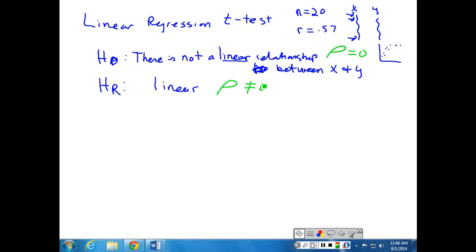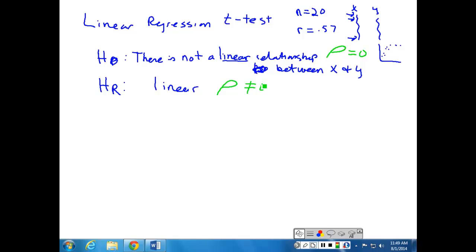H0 is there's no linear relationship. HA is there is a linear relationship. And in this class, we're going to do all of these as two-tailed. You might posit a positive relationship, but if you collected the data and it came out to be a negative relationship, you'd probably still keep that result and say, well, look, there's a negative relationship. So we'll just do them all as two-tailed and be honest about that.